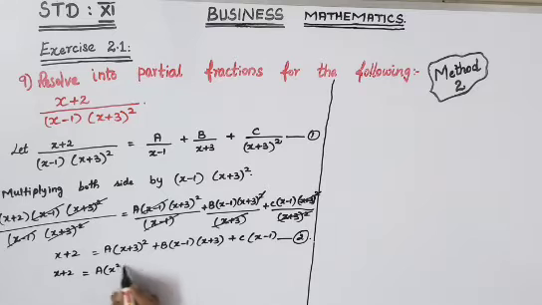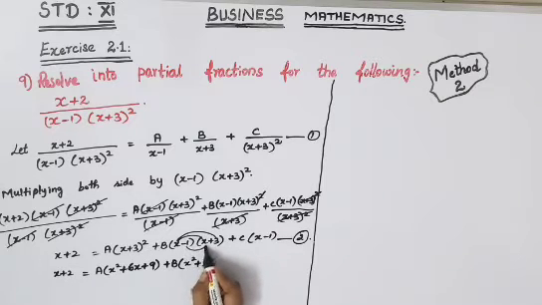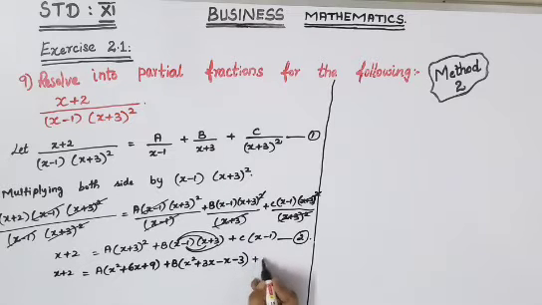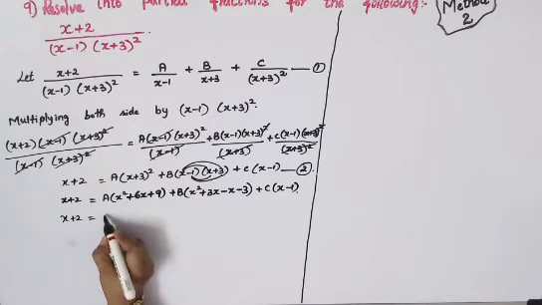So a square is x square, plus 2ab is 2 3s are 6, so 6x, plus b square is 3 square, so it will become 9, plus B into, first just go for a multiplication: x into x is x square, plus 3 into x is 3x, then minus x, 1 into x is minus x, then minus 1 into 3 is minus 3. Now plus C into (x - 1).